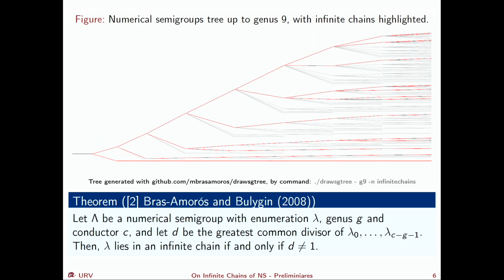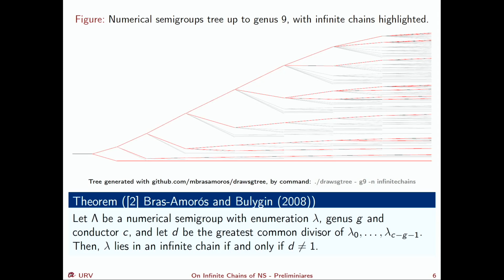So, infinite chains now. In that paper, Bras-Amorós and Bulygin characterized when a numerical semigroup belongs to an infinite chain. And they did it just using the left elements.